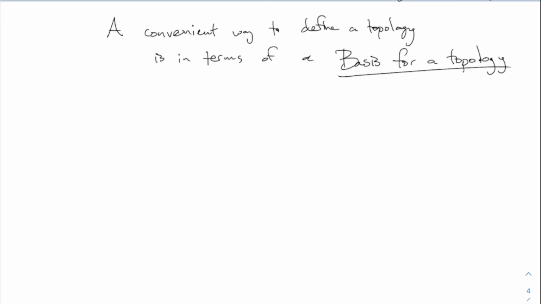Remember, the basis of a vector space: a vector space like Rn has infinitely many vectors in it, but there are some special ones, the basis vectors, which you can use to create any of the other vectors by adding them together and scaling them. That's the point of a basis in a vector space. And it's the same idea for a basis for a topology.